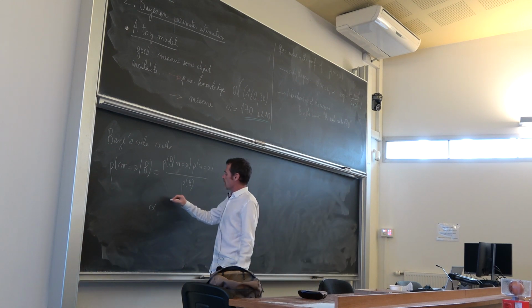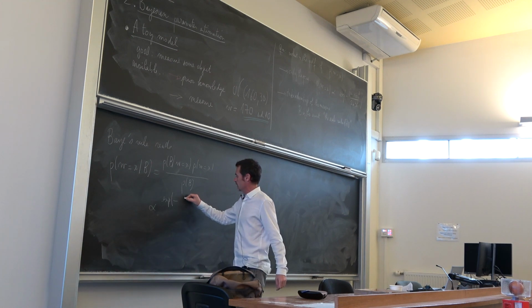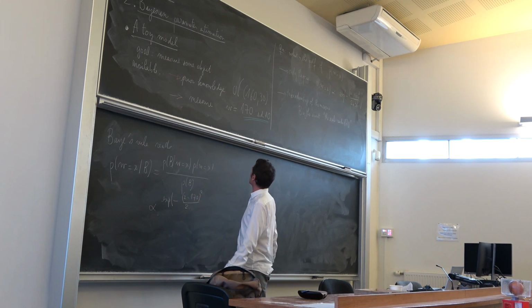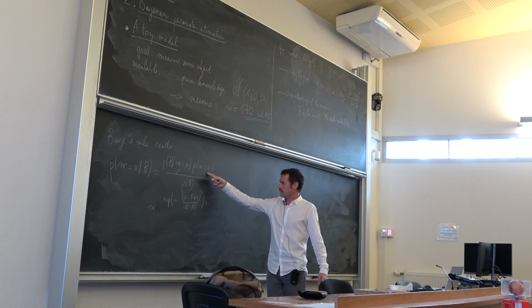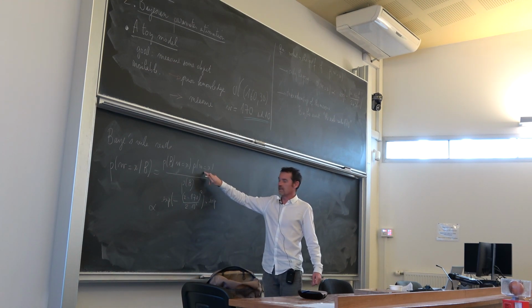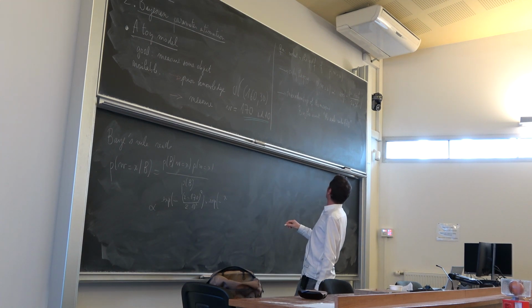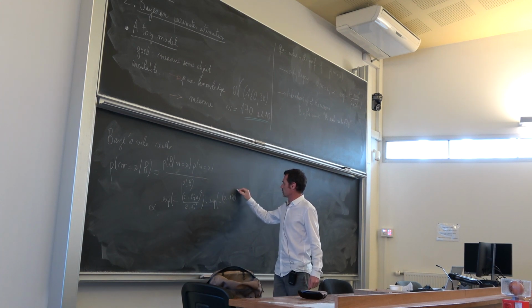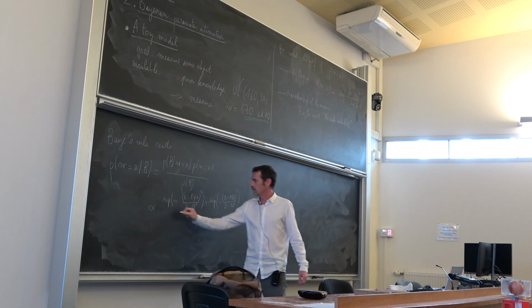So it is exponential of minus x minus 170 squared divided by 2 times 10 squared, multiplied by my prior, exponential minus x minus 160 squared divided by 2 times 30 squared.